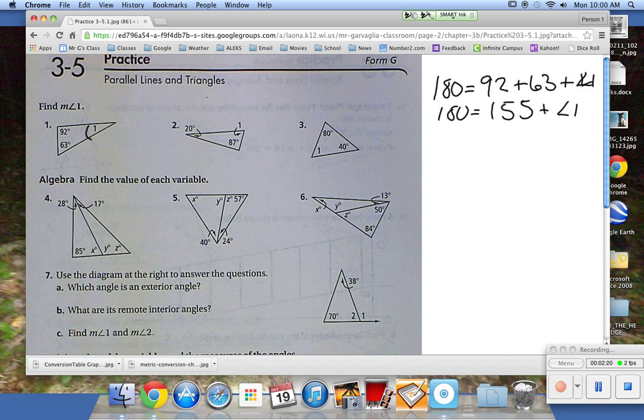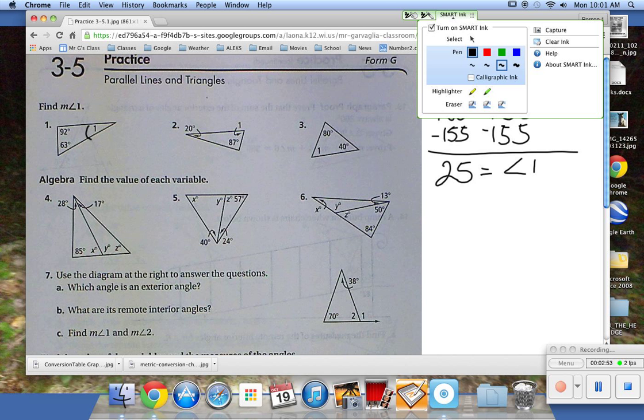What do we do next? Subtract 155 from both sides, right? And we end up with how much? 25 degrees equals angle 1. So we found out that angle 1 equals 25 degrees. And we did that by knowing that a triangle is 180 degrees. Real easy, right? That's the way I want it to be. I want it to be easy.